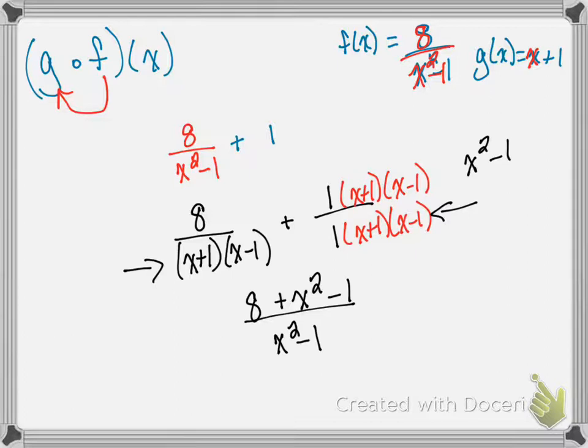Now, can my top be simplified? What is 8 plus negative 1? 7. So then I have x squared plus 7 over x squared minus 1.